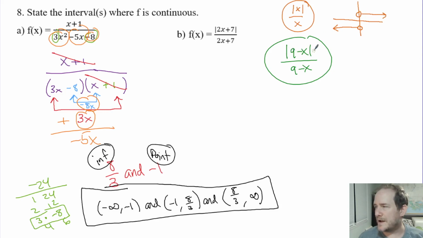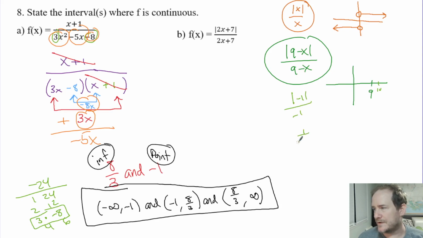Now, 9 minus x behaves the same way, except it doesn't have its jump discontinuity at 0. It has it at 9, because the 0 of the denominator is 9. So if you go way over to 9, you'll get your jump discontinuity there. And you're not positive 1 on the right, because imagine plugging in 10. If you plug in 10, then you would get the absolute value of negative 1 over just regular negative 1.